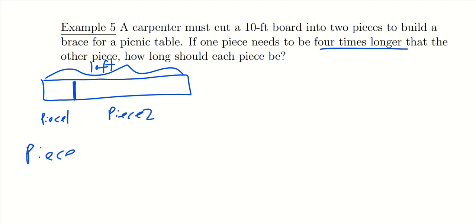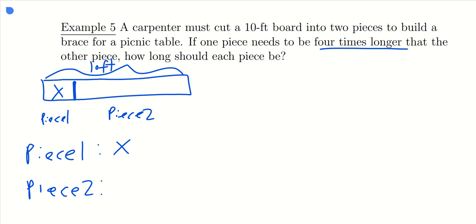The technique here is we want to come up with an expression for each of these 2 pieces. I don't know the length of piece 1, but let me just go ahead and call that x. So I'm going to call the smaller piece of length x. I could choose a different variable for piece 2, maybe call that y, but it's a bad idea here.